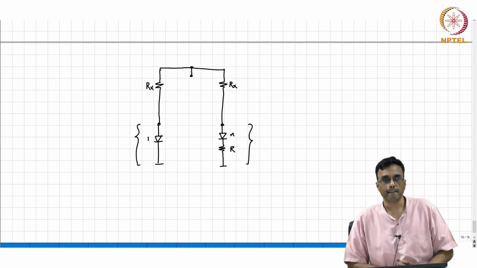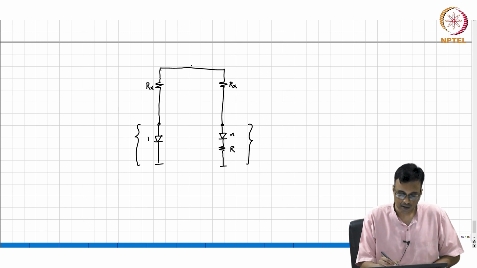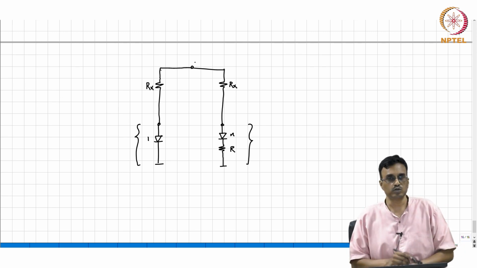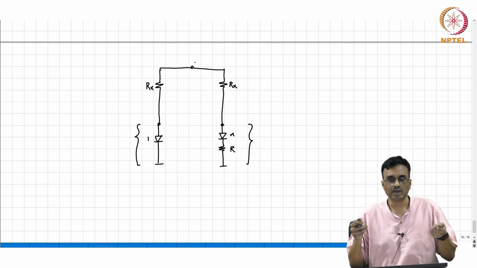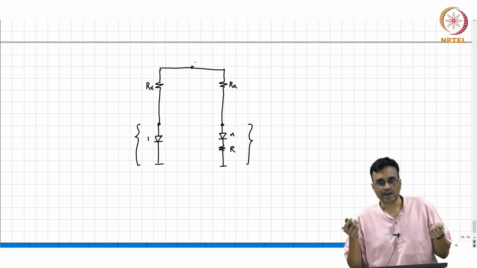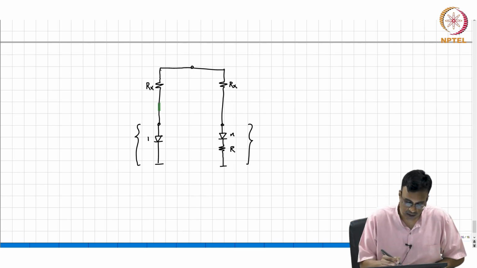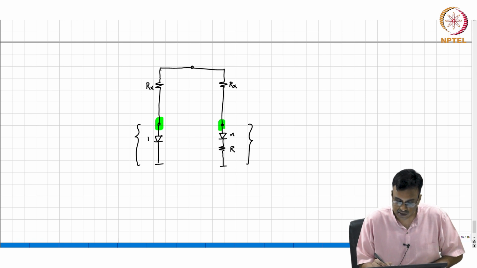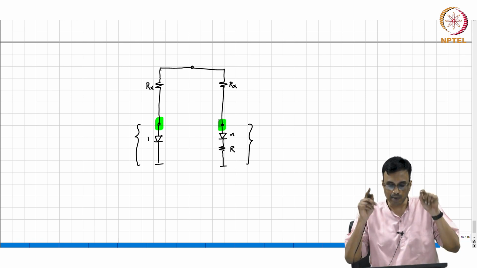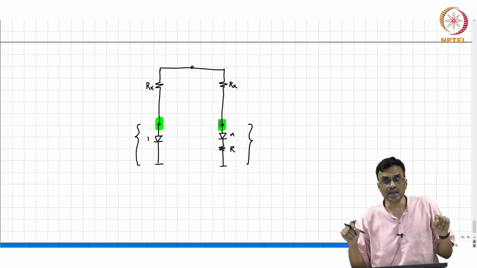To push a current into these two nodes, I can use, remember, a large resistor is the same as a current source, right? The only problem is that the current typically will depend on this potential. Remember, both the currents must be exactly the same, alright.